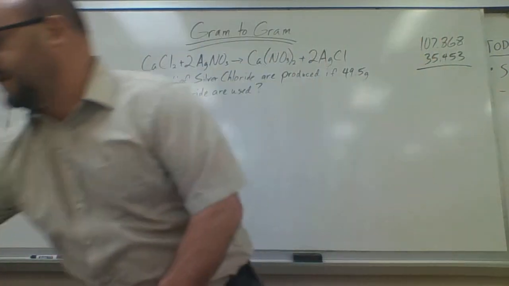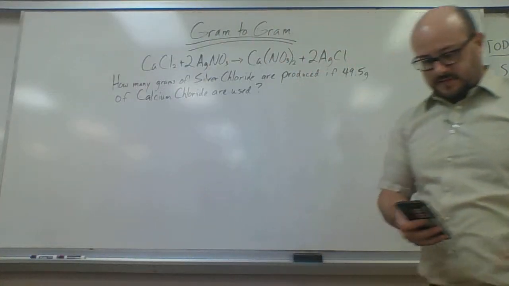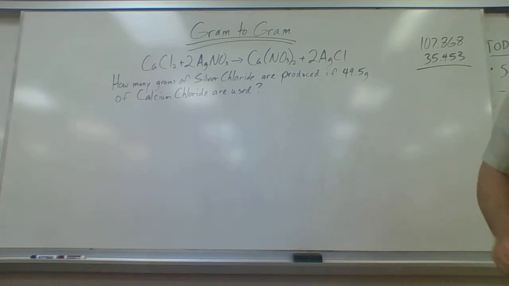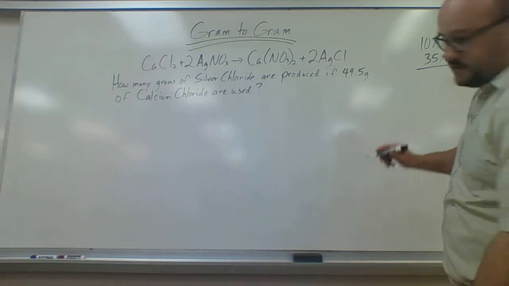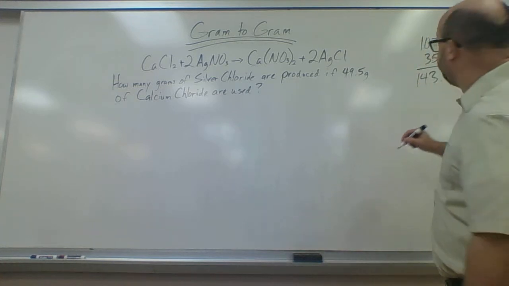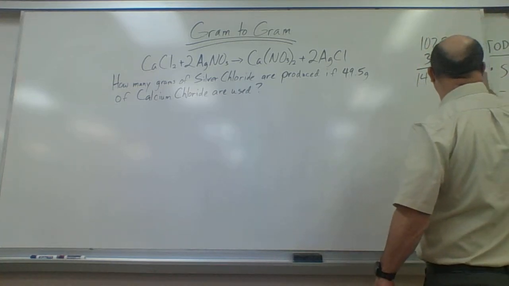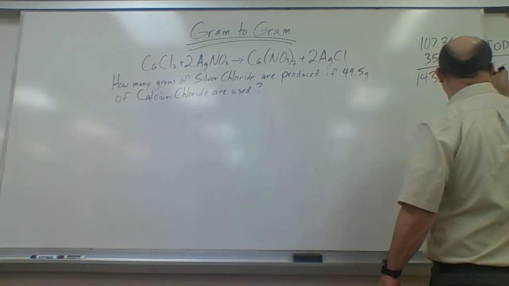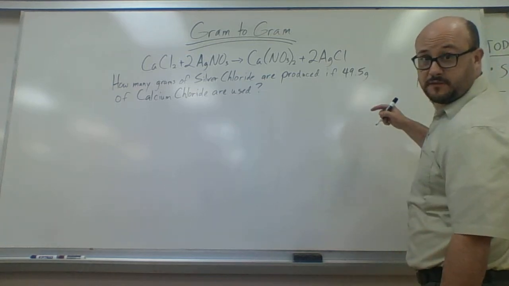Now, we'll grab our calculator or cell phone, and we add these up. 107.868 plus 35.453. And that gives us 143.321 grams per mole. Now again, this is silver chloride.